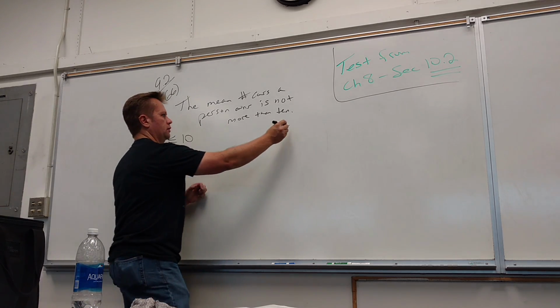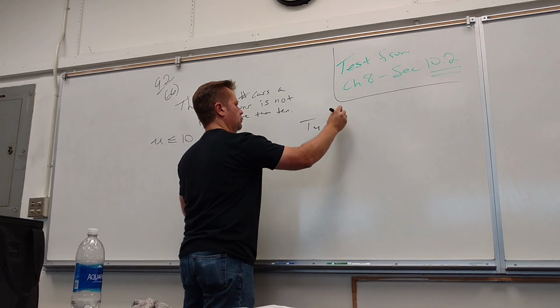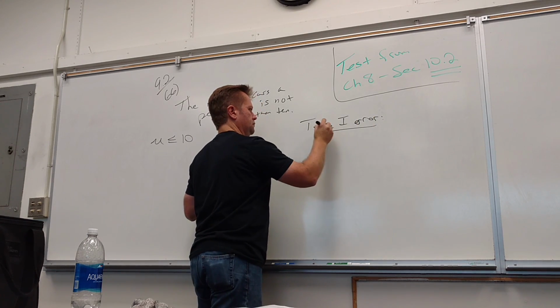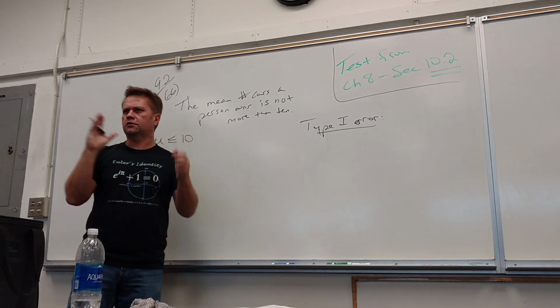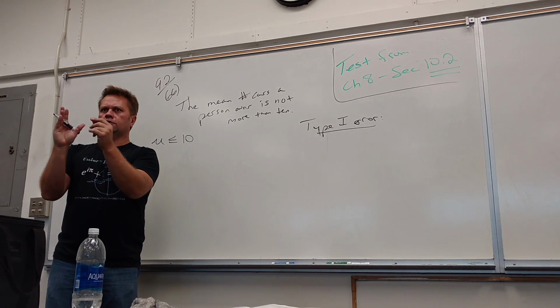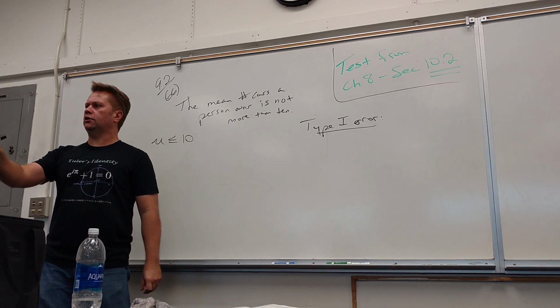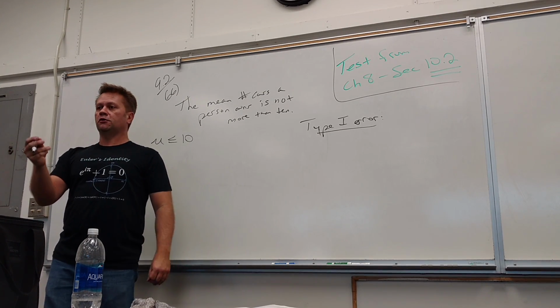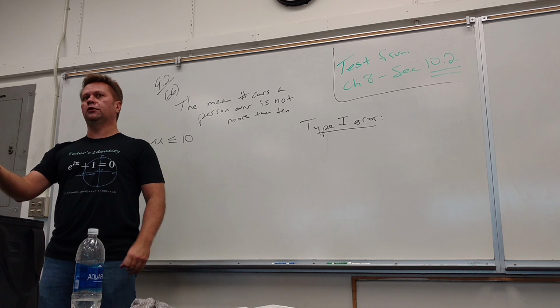So type 1 error. This problem is all about type 1 and type 2 error. What's a type 1 error again? Do you remember? Short phrase. So the H0, the null, could either be true or it could be false. A mistake I can make is if it's true and I say it ain't true.